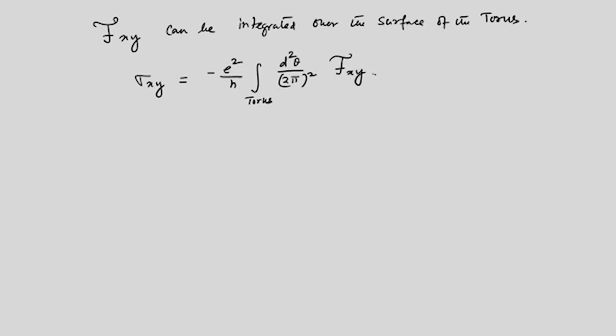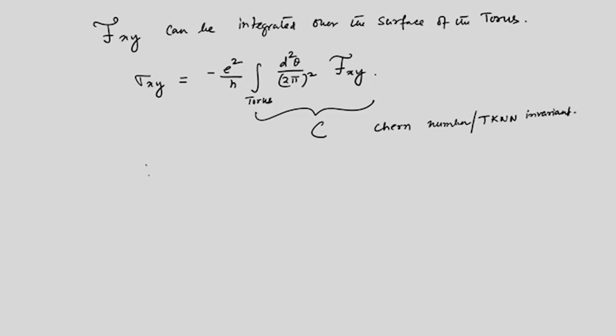This is a very important expression, and this quantity is called a Chern number, which is a topological invariant, or we can call it a TKNN invariant.